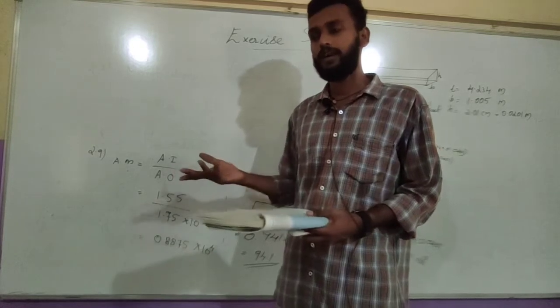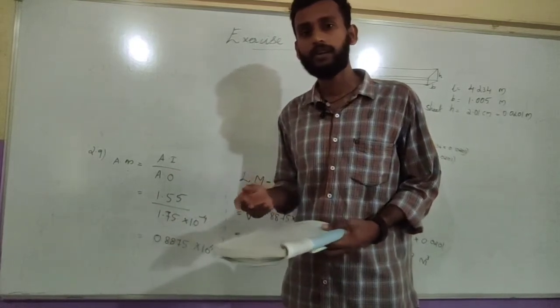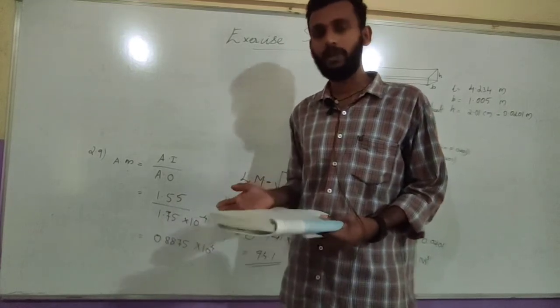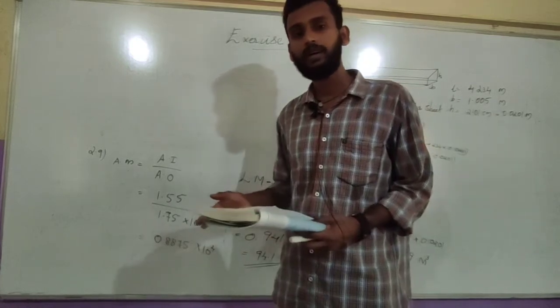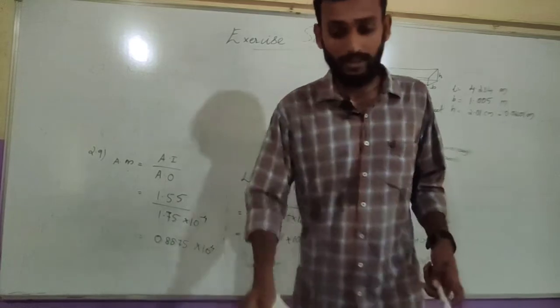Actually the diameter or the radius of the thread or wire is about 1 millimeter or less than 1 millimeter. In such a case we cannot measure the diameter directly with the help of a centimeter scale. So there is an idea for that.